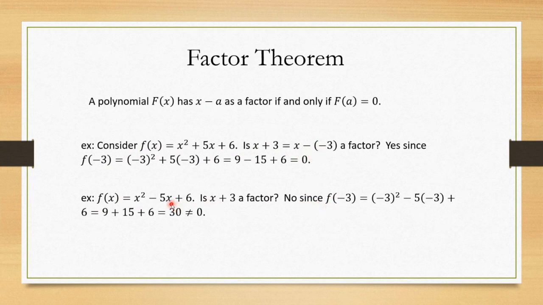So in this case, f of negative 3 would be negative 3 squared minus 5 times negative 3 plus 6, which would be 30, which is not 0, so it's not a factor. So we have an easy way to tell if x plus 3 is a factor. You could actually just dive right in and divide it. You could also try factoring this, but we don't have to. We could do something even easier. We can do function evaluation. Any questions on this?